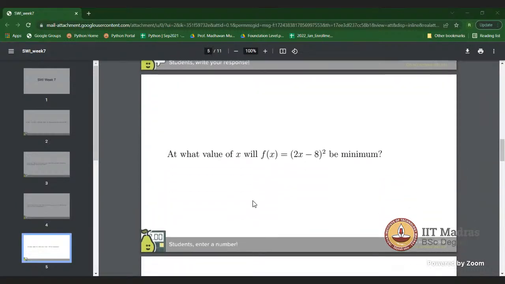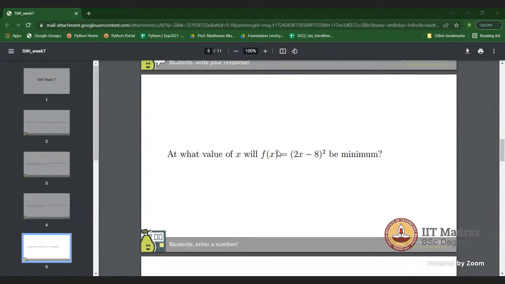Now we'll move on to the next question. This should be fairly easy. For f of x equals (2x minus 8) whole square, what value of x minimizes it? This is straightforward, right? So x is equal to 4.